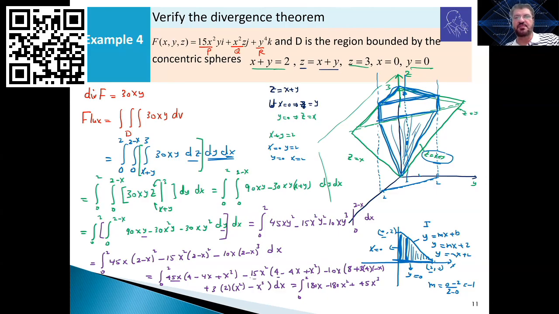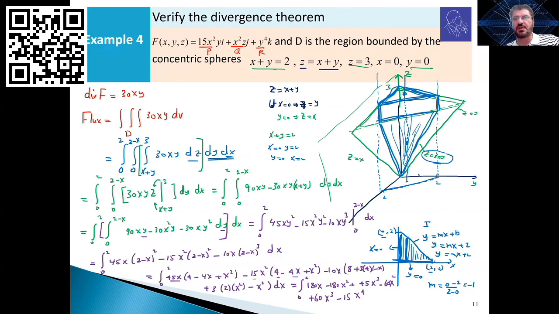Here, this times 15, 30 and 30 is 60, so minus 60x squared. Then 15 times this is 60 again, but plus 60x cubed, then minus 15x to the 4.